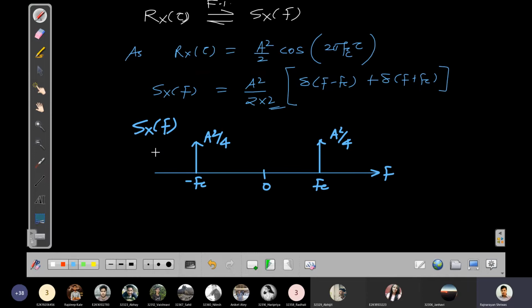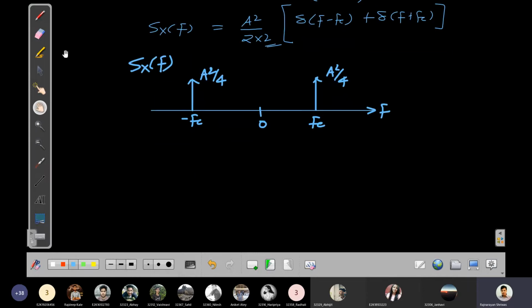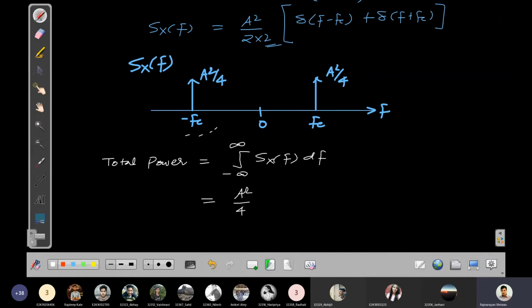For this particular example it's two impulses, and what is the power? I can calculate the total power from here also. Total power is the area under the PSD. When you integrate an impulse, you get 1, so you get A squared by 4 for this area, and A squared by 4 for the other.